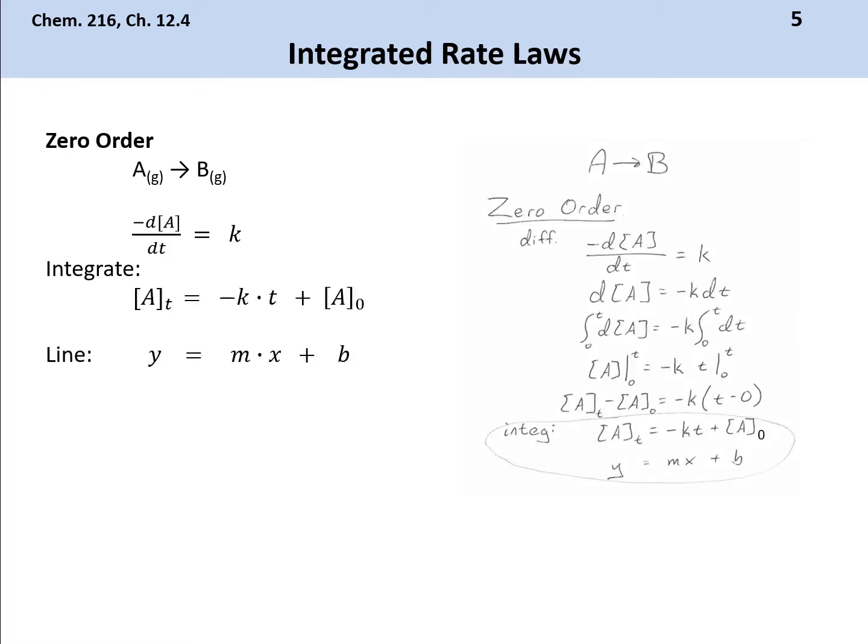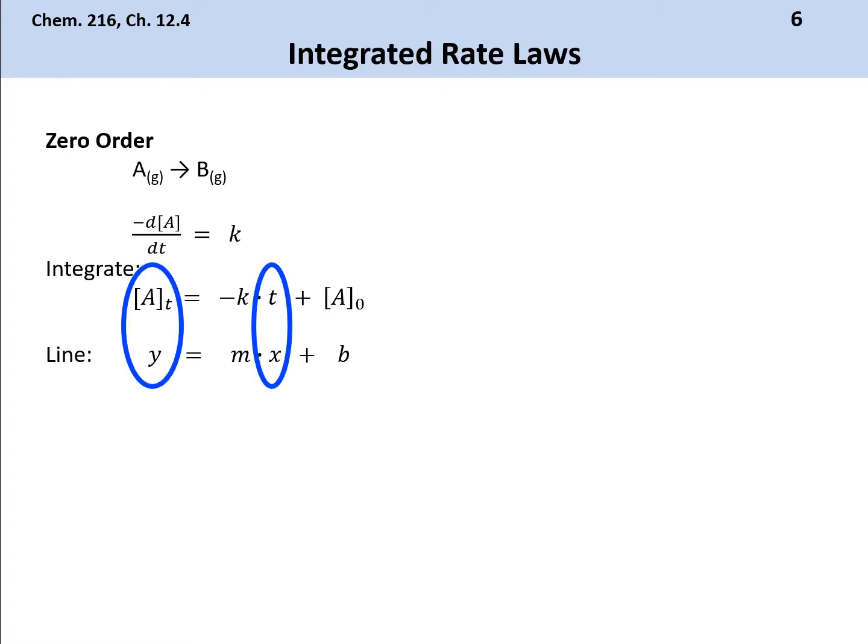So I have A at some time t equals negative kt plus A naught. The reason why I like putting it like this is remember that y equals mx plus b. This is the equation of a line.